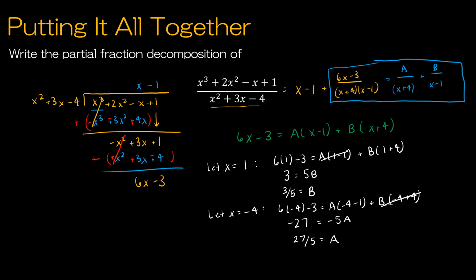So when I write my final solution, I will write that 6x minus 3 divided by x plus 4, x minus 1, is equal to a, which is 27/5, over x plus 4, plus b, which is 3/5, over x minus 1.